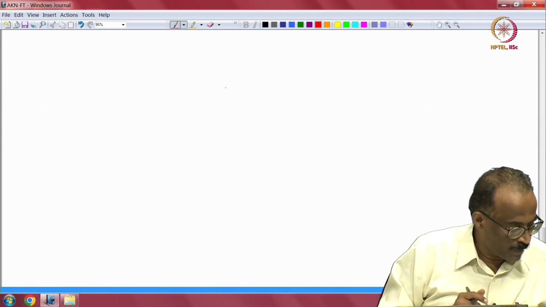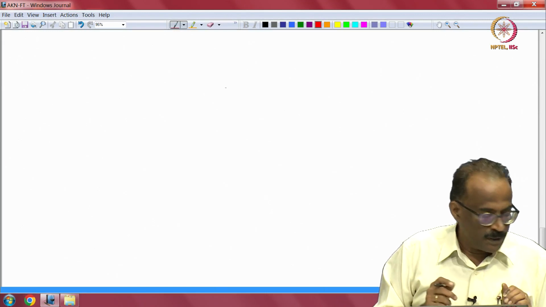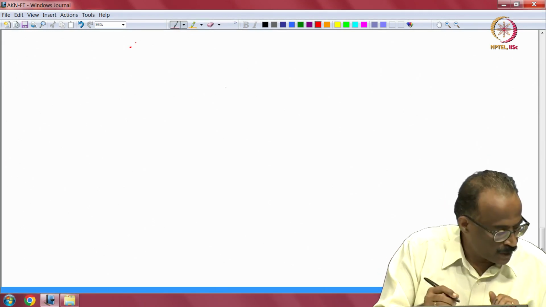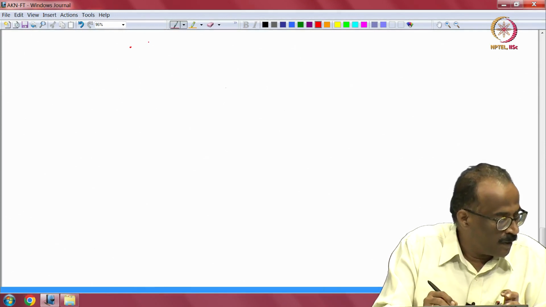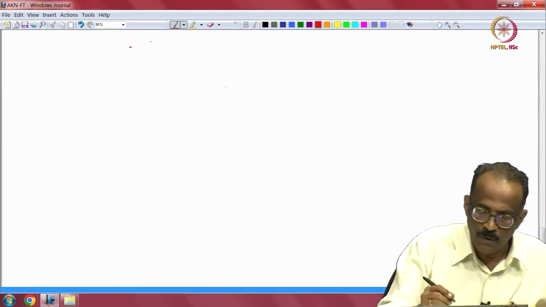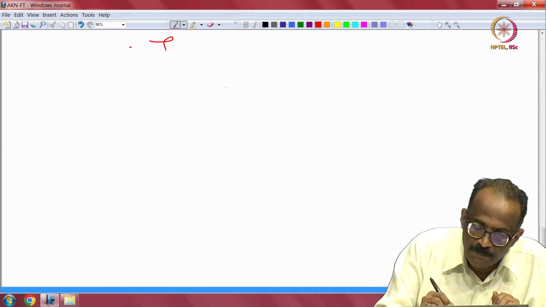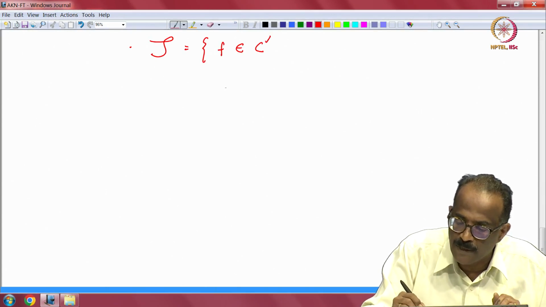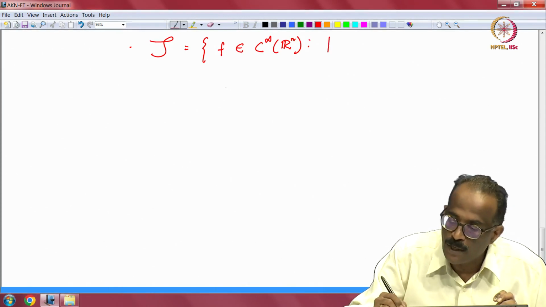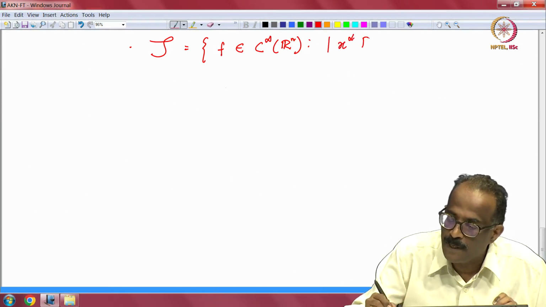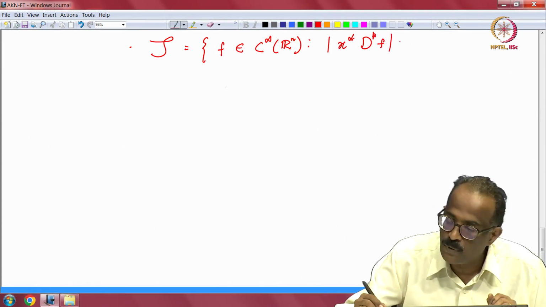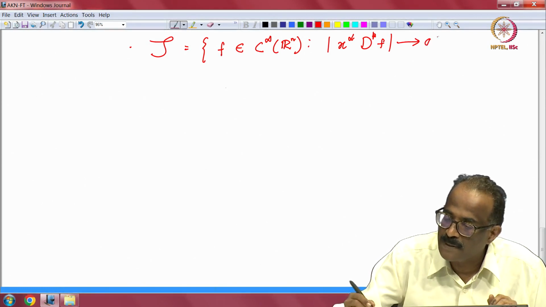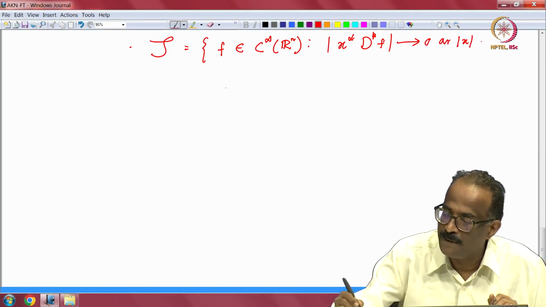Okay, so let me recall quickly what the Schwartz space is. The Schwartz space is the set of all f in C infinity of R^n such that the modulus of x to the power alpha times D to the power beta of f goes to 0 as mod x tends to infinity.